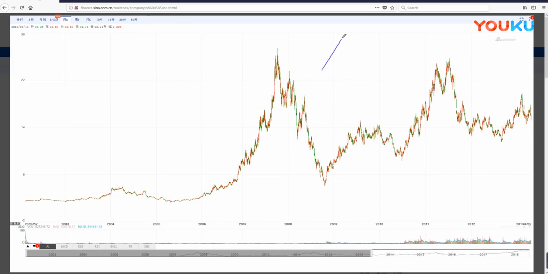So there is a very interesting idea where distribution happens on the way up, and then distribution happens on the way down. And that is related partially to the 10% rule that the Chinese market has.